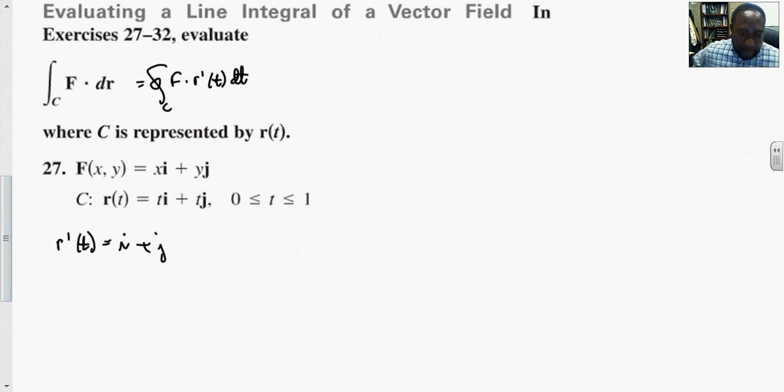Okay, I think we're back. Alrighty, let's see. So that was r prime of t. Now notice that the function F is equal to xi plus yj, but what is x and what is y? Well, I tell you that x is equal to t, and y is equal to t, right?